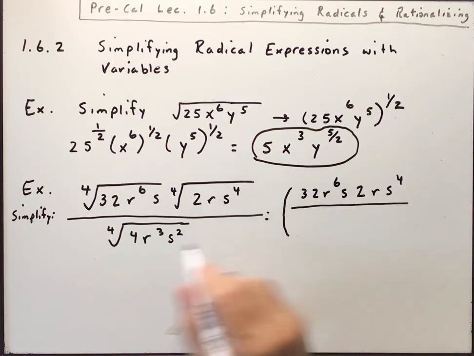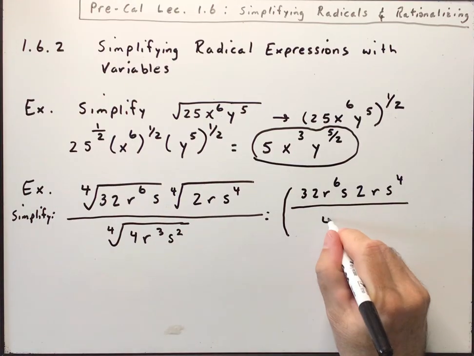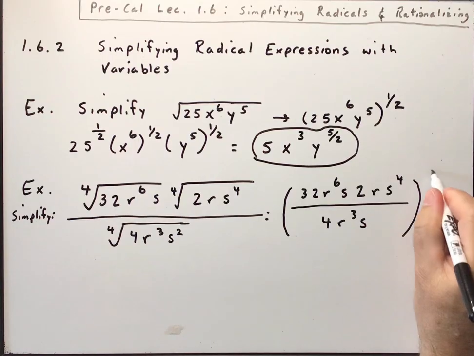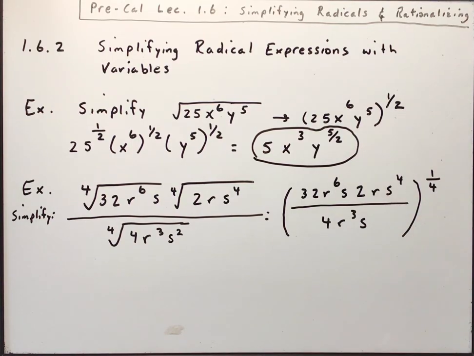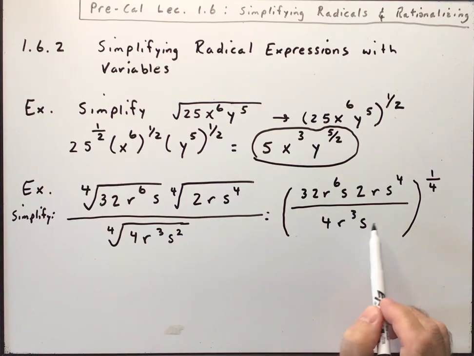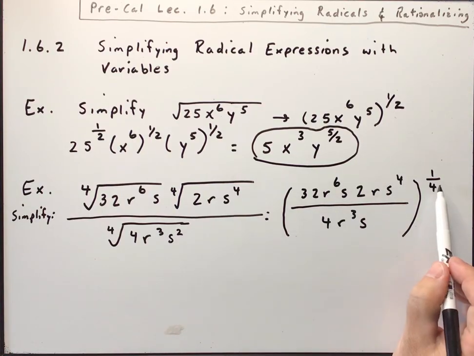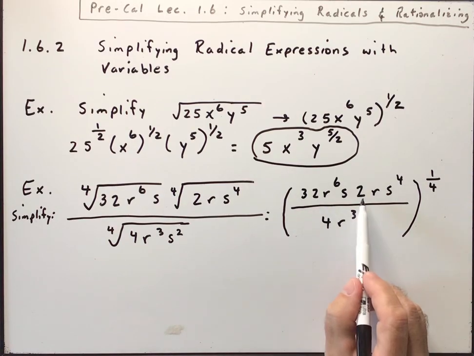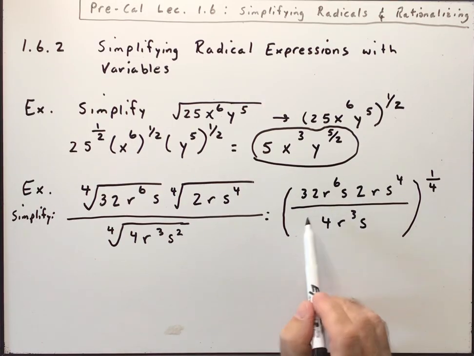We're going to be able to combine a lot of that over 4r cubed s squared, all raised to the 1/4 power. Now what you want to do is simplify all of this inside the parentheses before we raise it to the 1/4 power. So 32 times 2 is 64, right?